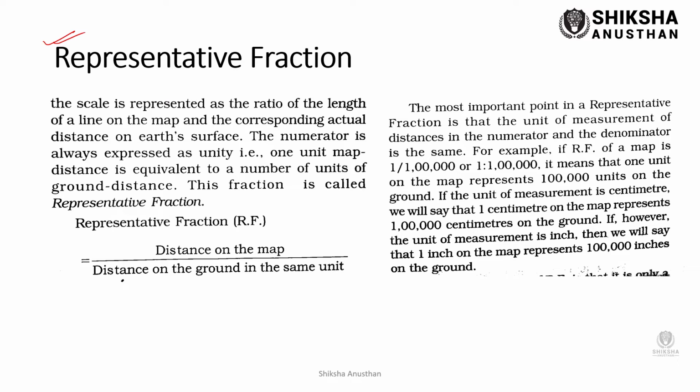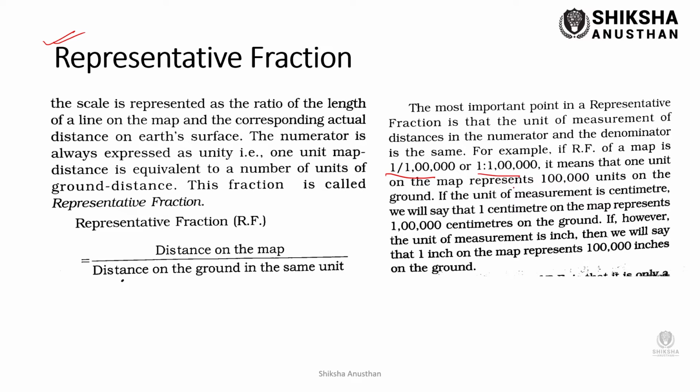The numerator is always expressed as unity, or one unit of map distance is equivalent to a number of units of ground distance. The distance on map by distance on ground, in the same unit. The most important point in a representative fraction is that the unit of measurement in the numerator and the denominator is the same. For example, if RF of a map is 1 by 1 lakh, or 1 is to 1 lakh, it means that 1 unit on map represents 1 lakh units on the ground.